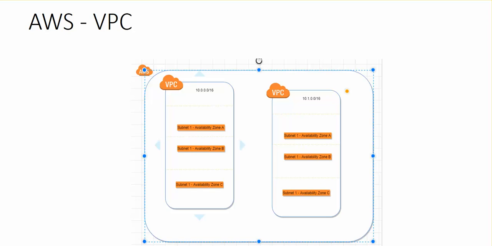Here the first VPC IP address range is 10.0.0.0/16. 16 represents 2 bytes, so the first 2 bytes, 10.0, are fixed within our VPC range, meaning this VPC can have EC2 instance IP addresses ranging from 10.0.0.0 till 10.0.255.255.